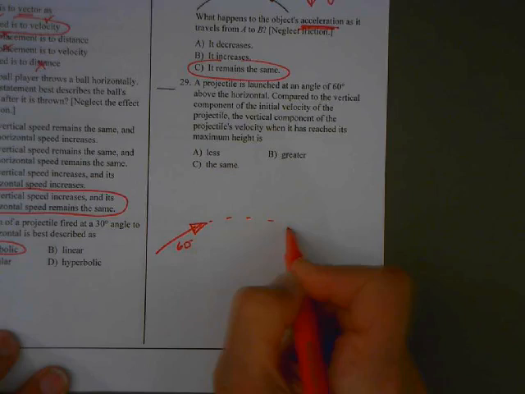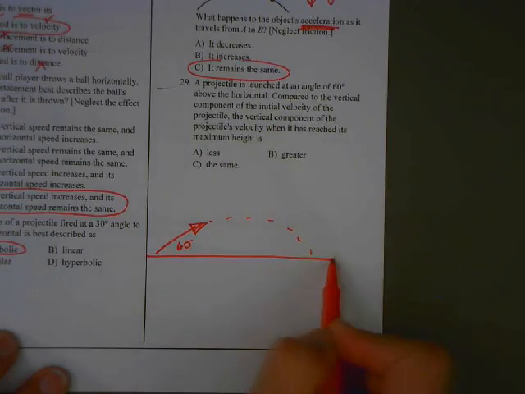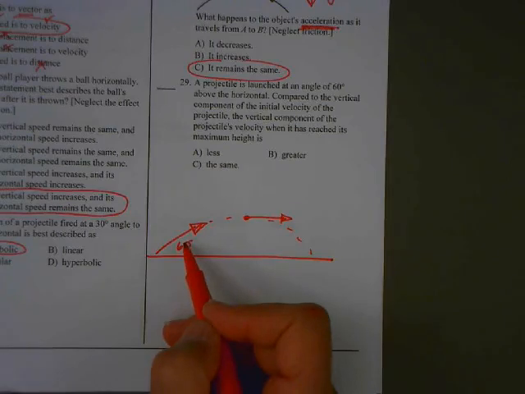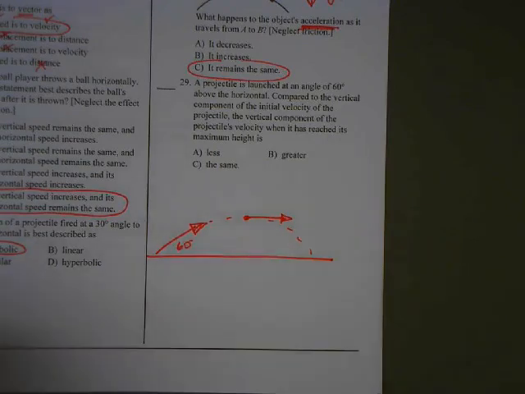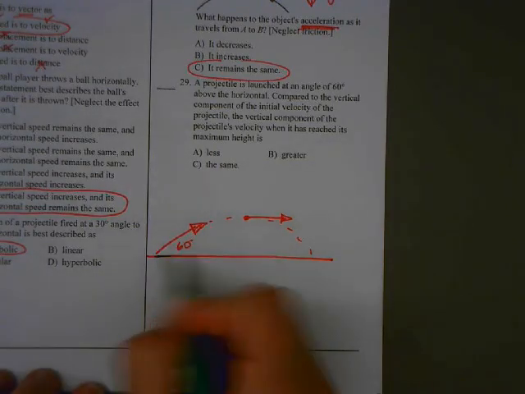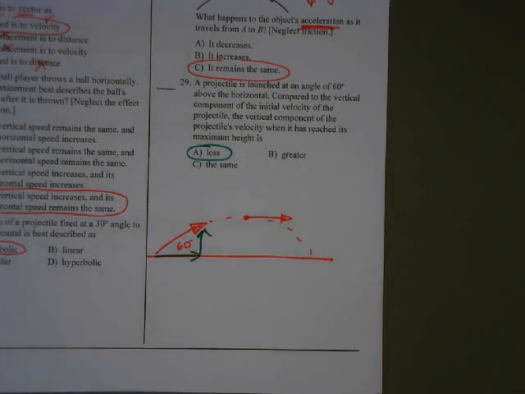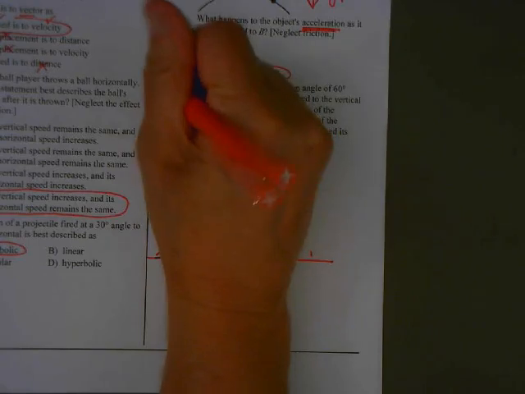This is the path, like this. At this point it has both a horizontal and vertical component. If I drew the components of it like this, at the top of the path, it's all horizontal. It has no vertical component, so that's why it's going to be less. So the answer to number 29 is A.